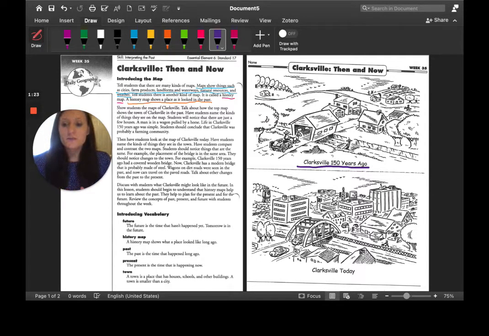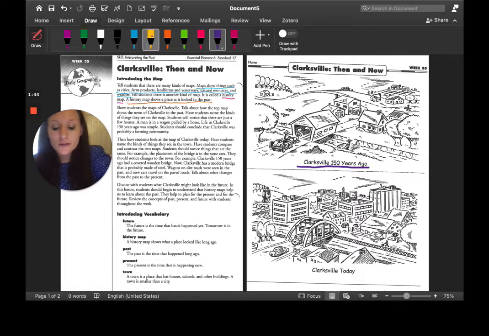So just from that little blurb at the bottom, we know that this map is showing a past view of what Clarksville used to look like 150 years ago. Looking at this map, let's name some of the things that we see.